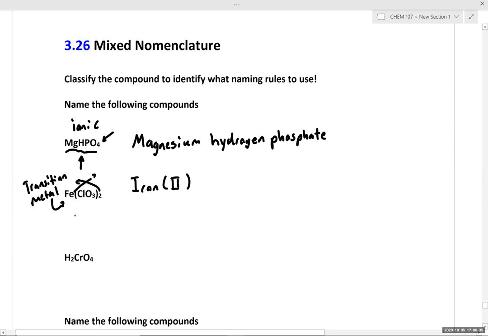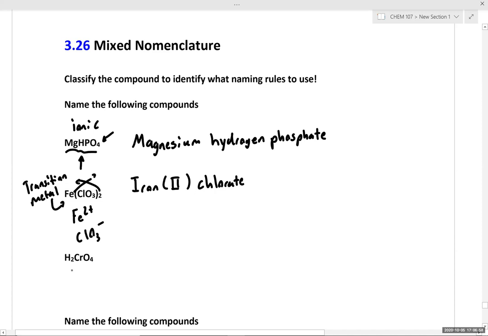Well, when we cross the charges, we get Fe2+ and ClO3-. This matches the known charge for chlorate. So we note the charge of iron in parentheses after the name, and then we write the name of our polyatomic ion. So this would be iron 2 chlorate.